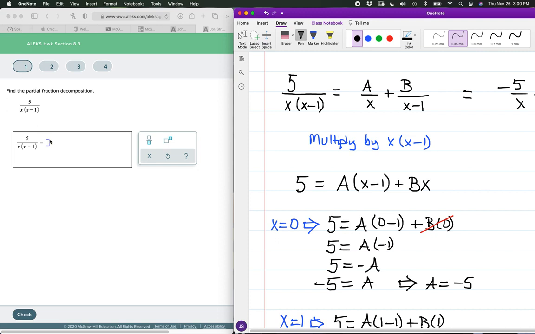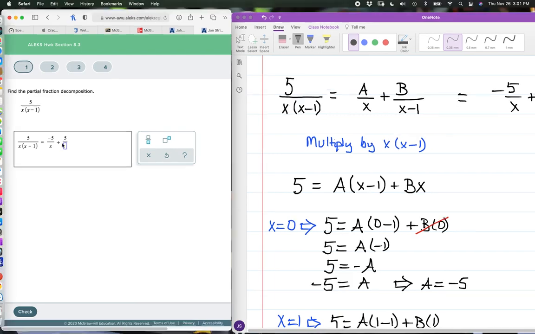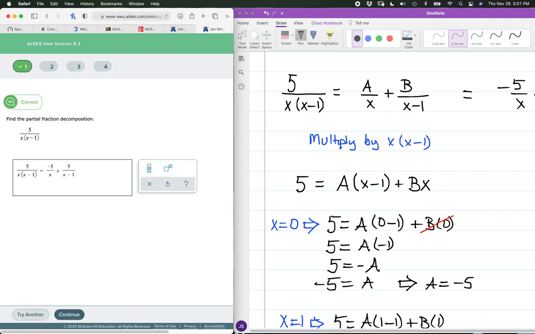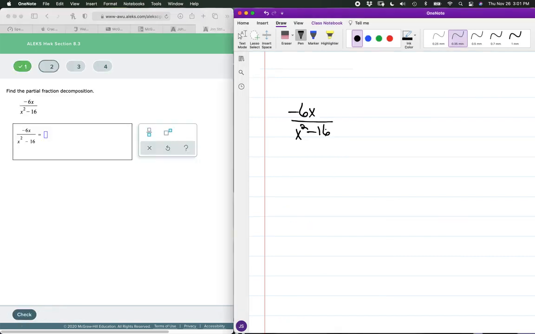And checking the result, the answer is correct.